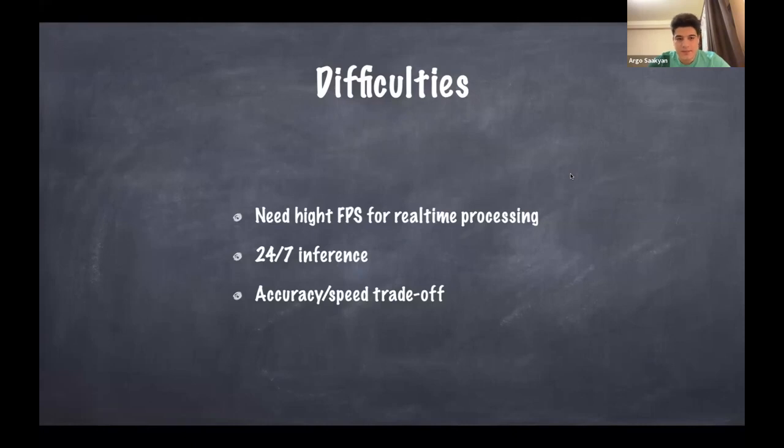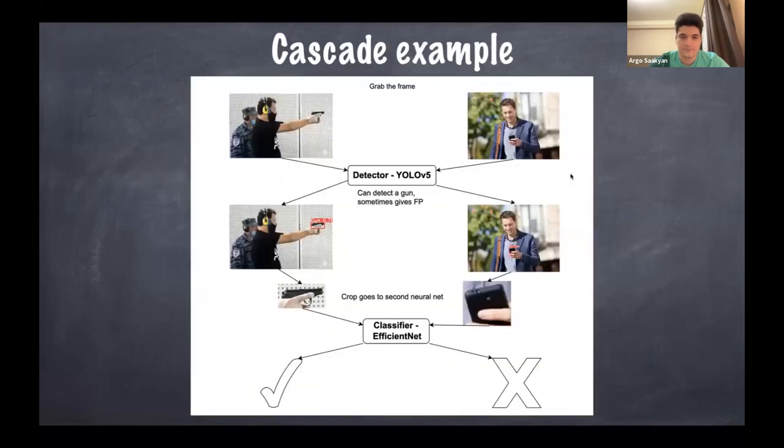But is there anything that can help a little bit with this trade-off? Fortunately, yes, there are several techniques, and I'm going to talk about one of them, which has shown its efficacy in different cases for me. So let's see an example.